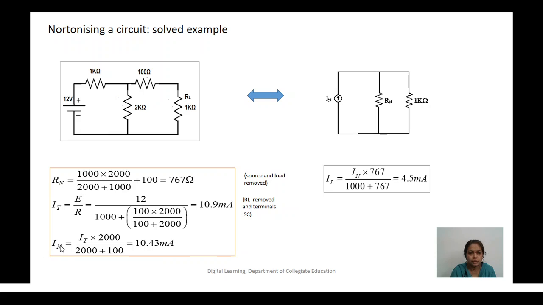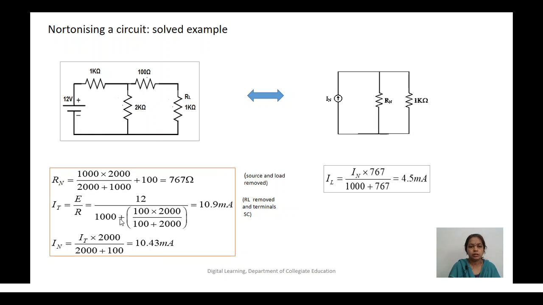So Norton's current, short circuit current, is given by main current into. So this main current, when it reaches this point, gets divided into two branches. This branch and this branch. Remember that the load is removed now. So we have two branches. One having a resistance of 2K. Another is having a resistance of 100 ohms. This 1K is removed now.